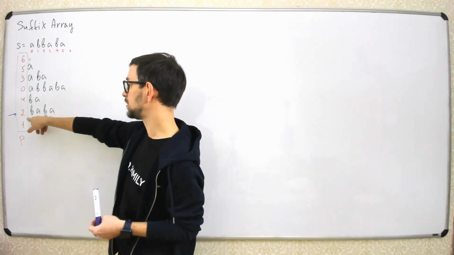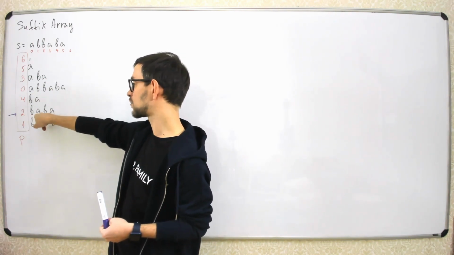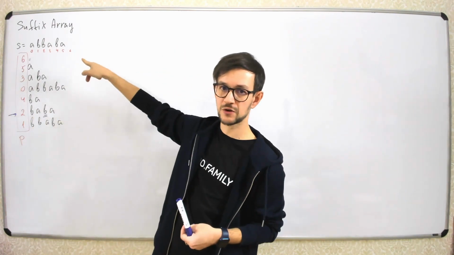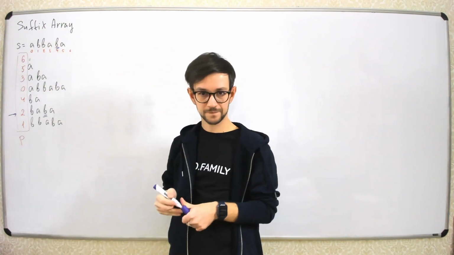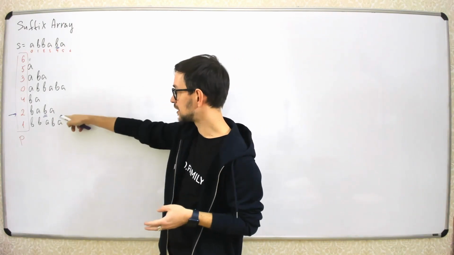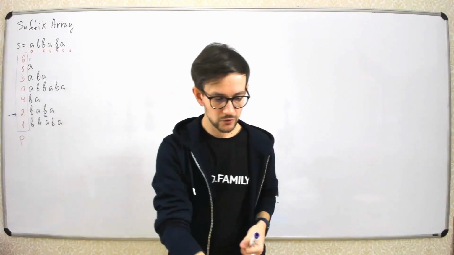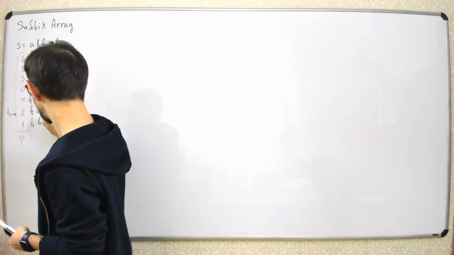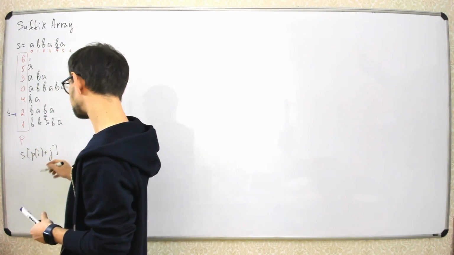You just look at this index. The first index of this suffix is 2. So the index of this letter is 2, the index of this letter is 3, the index of this letter is 4. So this letter is actually the fourth letter of this string S. So you go to the string S, take this letter, and return it. So in constant time, you can get any character of any suffix using just this array P. If you take a suffix of number i and the letter with index j, it will be S[P[i] + j].